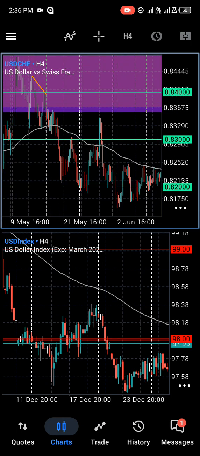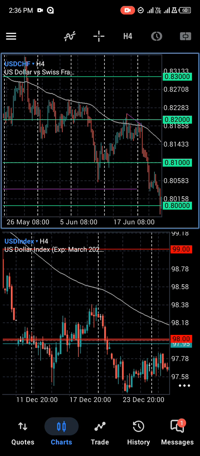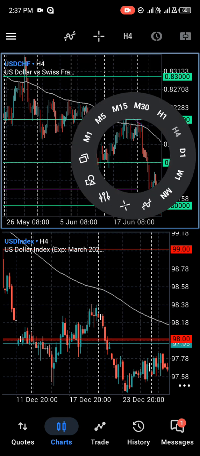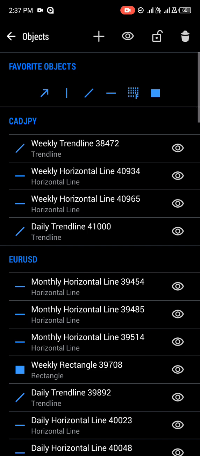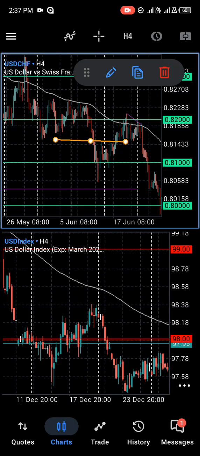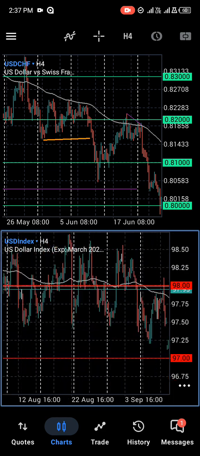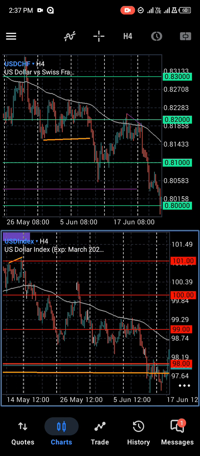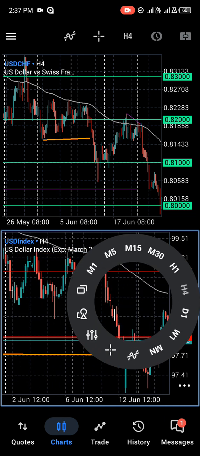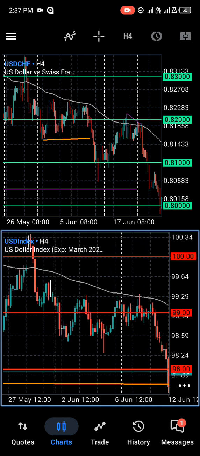We are getting more bearish momentum, and we can see that we had this last break of structure here, there, and also the DXY had it there. The DXY had that break of structure.